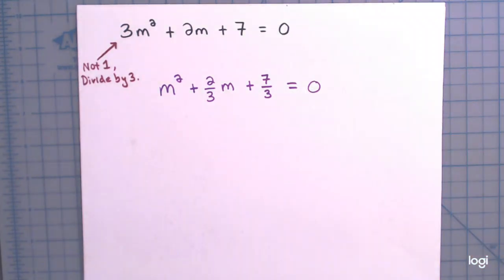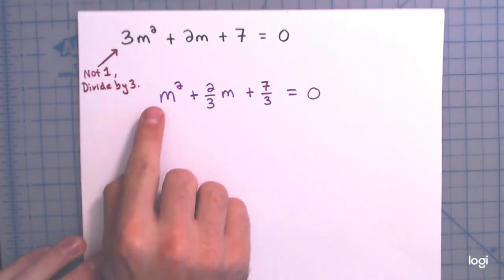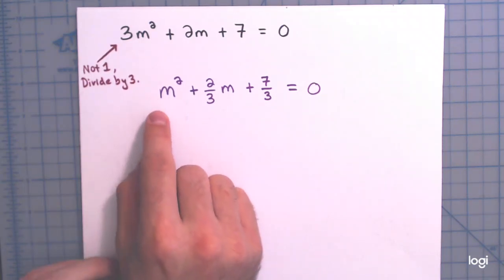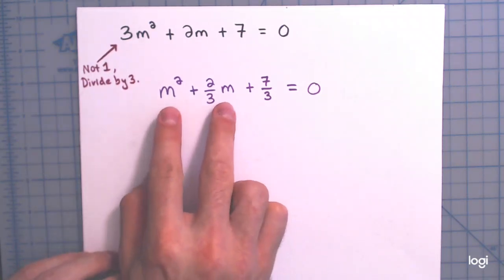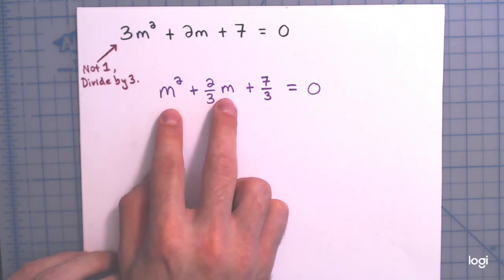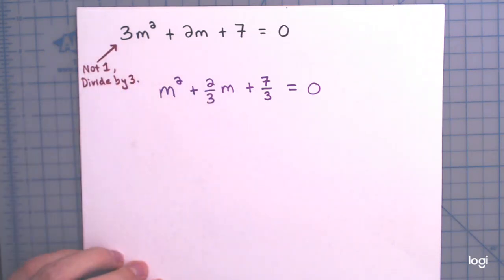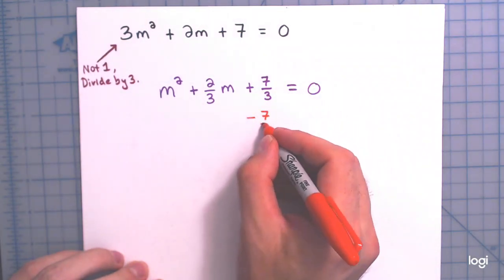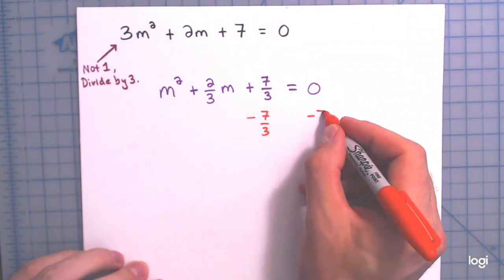All right, great. So now I have what I want, the coefficient of 1 on the m squared. I'd like to complete the square, so get this m squared and m to the first term on their own side. All right, so I'm going to get rid of this positive 7/3. I'm going to take away the fraction 7/3 from both sides.